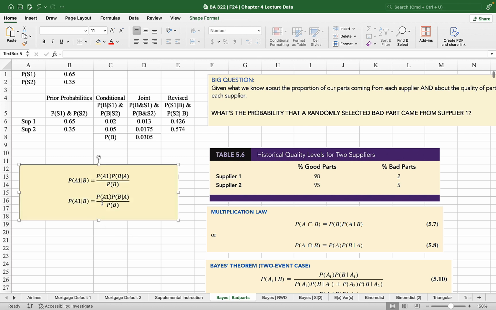What I can say then is that I can substitute the probability of A1, or the probability of it coming from supplier 1, as 0.65 multiplied by the conditional probability that it's bad, given that it's from A. They provide 2% bad parts, and then dividing that in total by the whole probability of a part selected at random from my stock being bad, which is 0.0305.